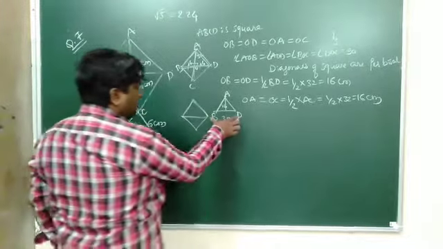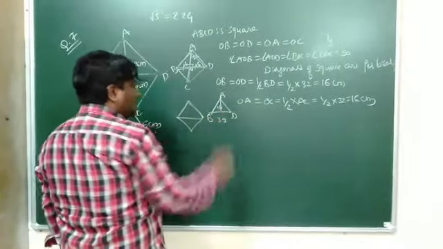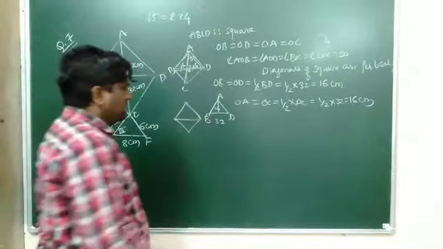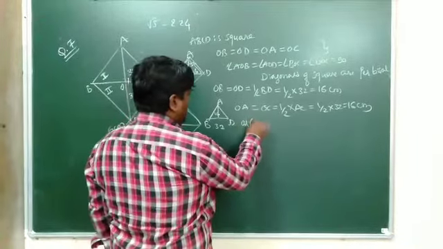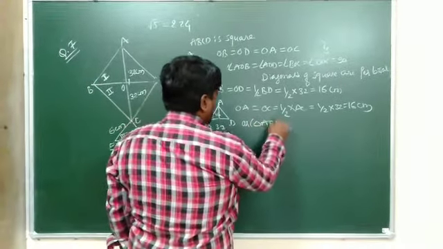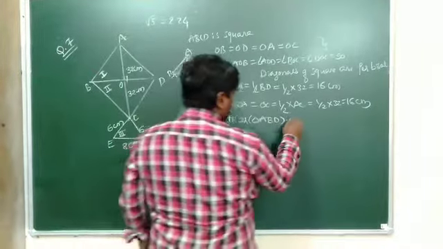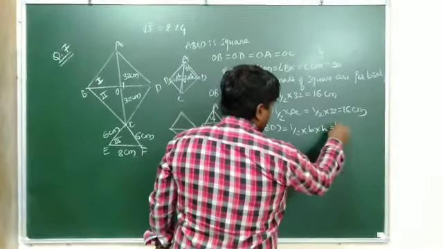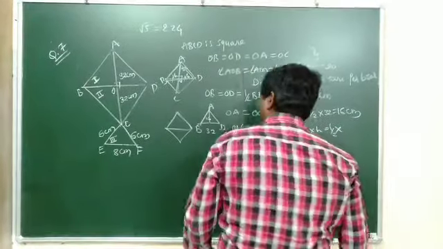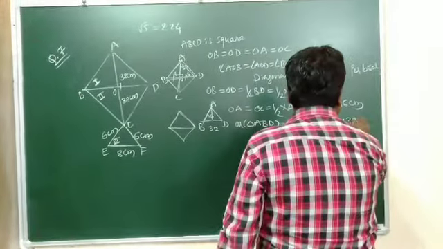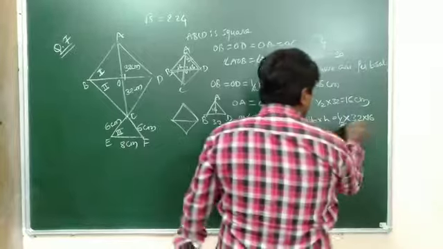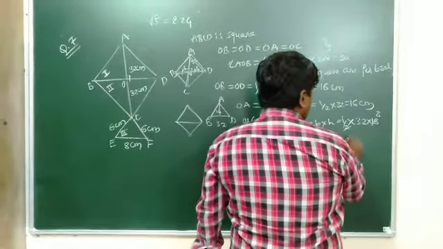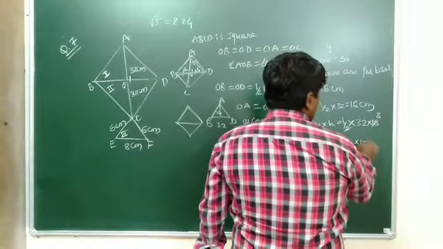The base is 32 centimeter and the perpendicular height is 16 centimeter. So the area of triangle ABD, that means the first part, is 1 by 2 base into height. 1 by 2, base how much? 32. Height how much? 16. 2 ones are 2, 2 eights are 16, 32 into 8.